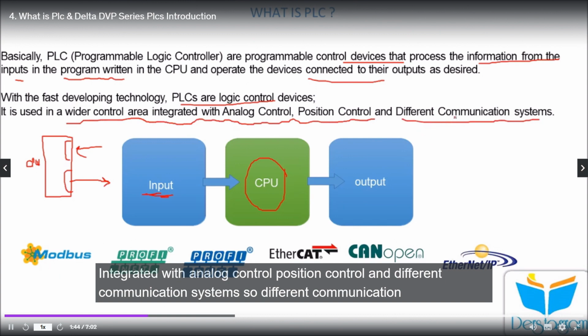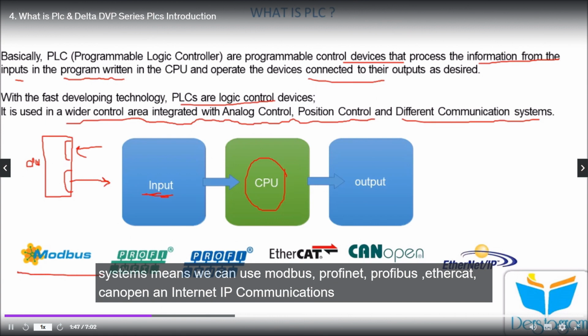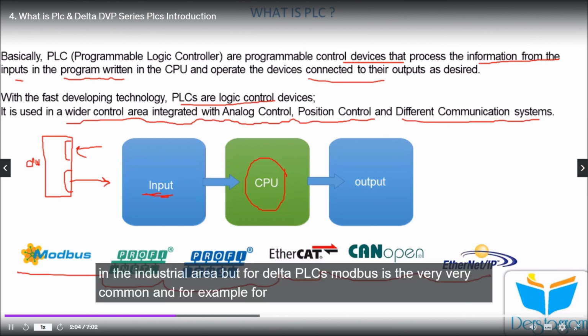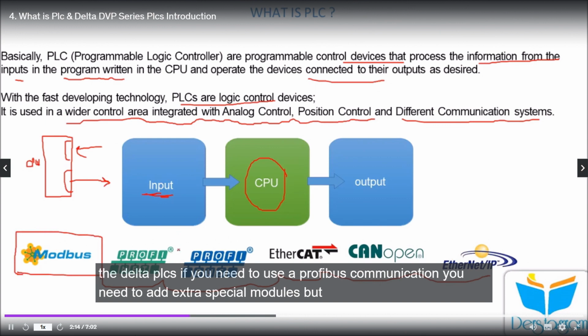Different communication systems means we can use Modbus, Profinet, Profibus, EtherCAT, CANopen, and EtherNet/IP, which are really popular and common communication techniques in the industrial area. But for Delta PLCs, Modbus is very common. For example, if you need to use Profibus communication with Delta PLCs, you need to add extra special modules.